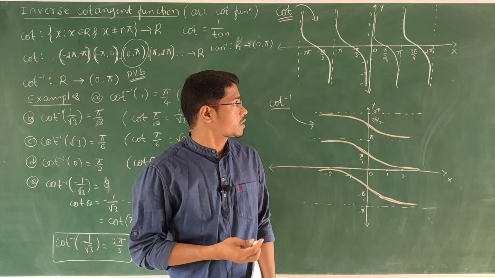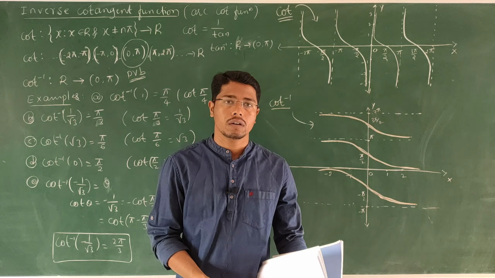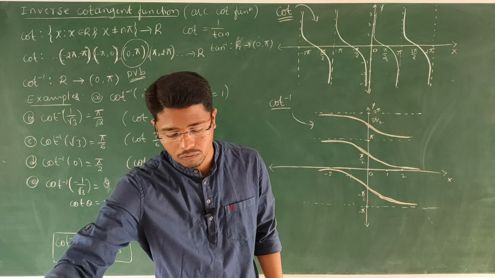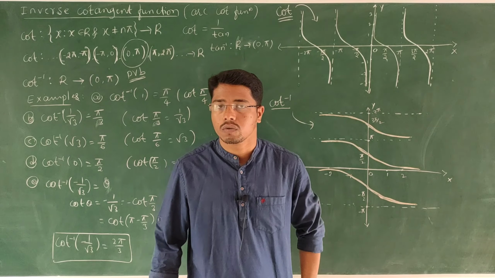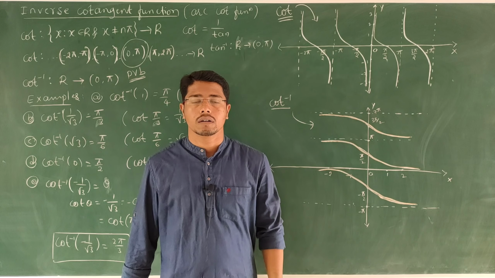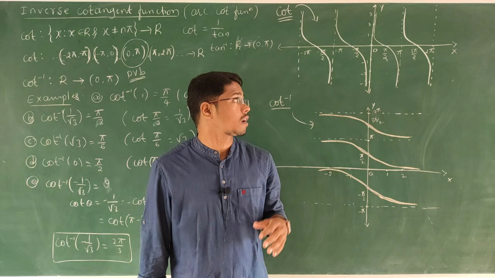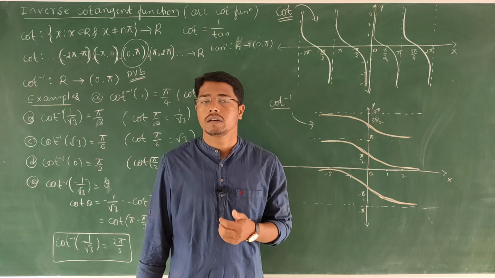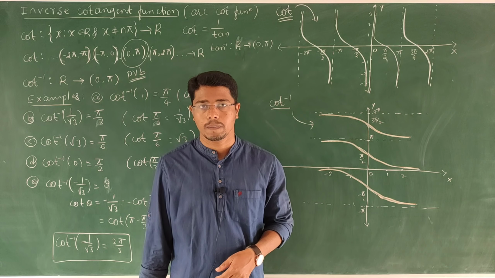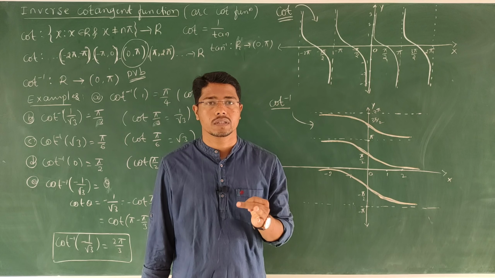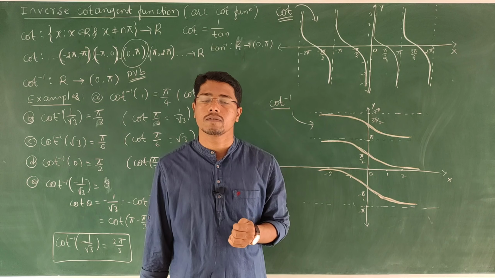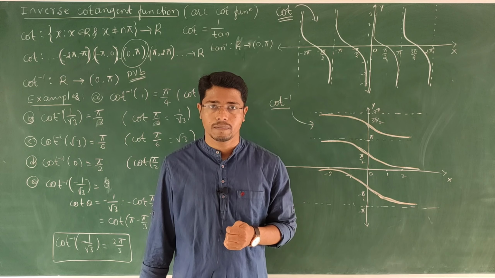Okay, dear students, this is about the cot function, that is the cot inverse function, the inverse cotangent or arc cot function. These are all the 6 standard inverse trigonometric functions: sin inverse, cos inverse, tan inverse, cosec inverse, sec inverse and cot inverse.